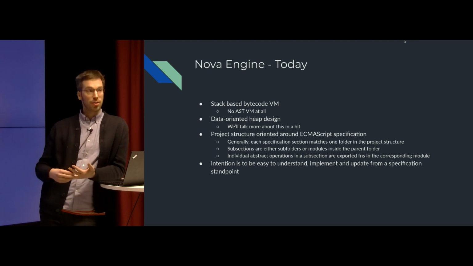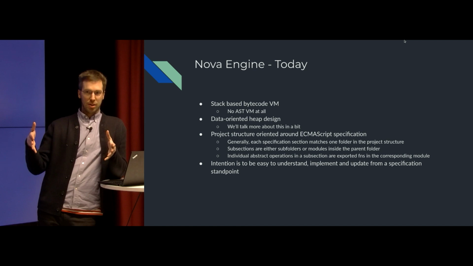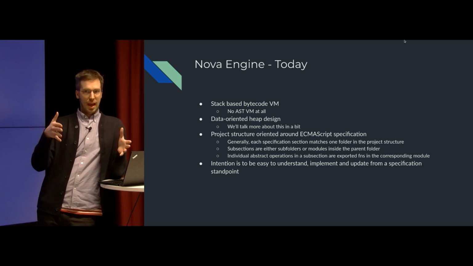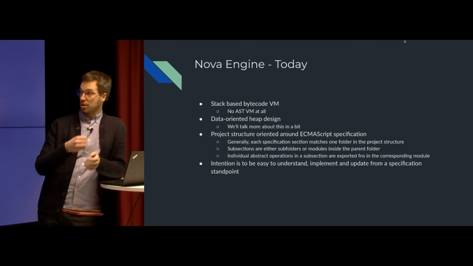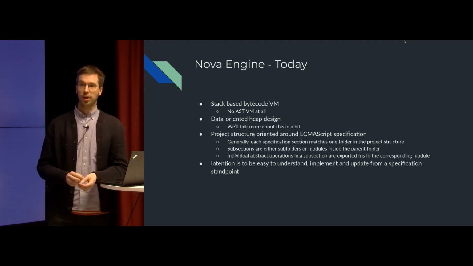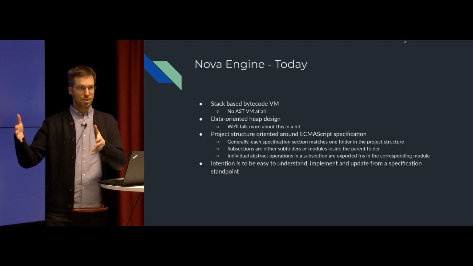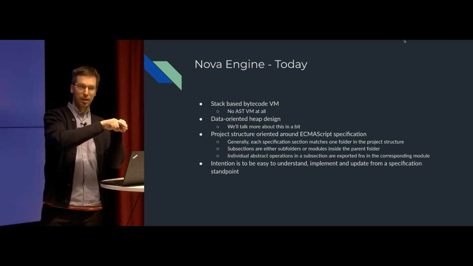The intention here is that this should be easy to understand for someone who has read the ECMAScript specification. It should be really easy to read one part of the specification and just start bashing out the abstract operation into Rust. And if the spec changes, if there are any updates, we can just take a jump from our implementation.